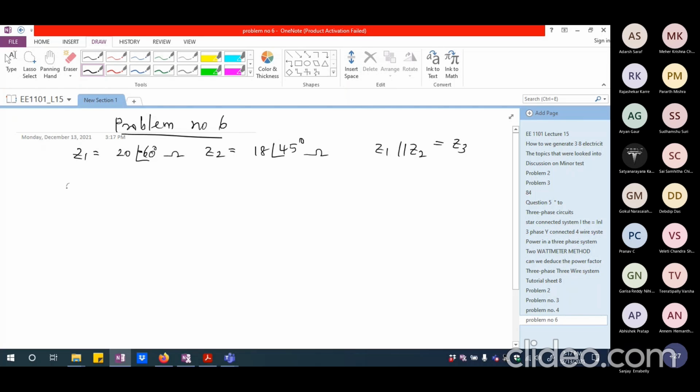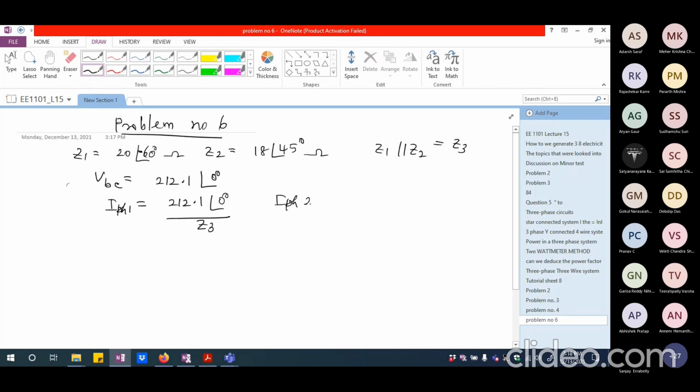Once I calculate Z1 parallel Z2, let us say I am calling this Z3. What is given is VBC is 212.1 angle 0. So I phase 1 should be equal to 212.1 angle 0 divided by Z3.